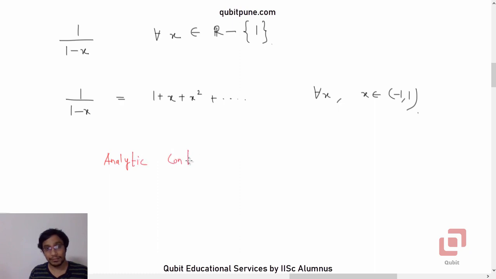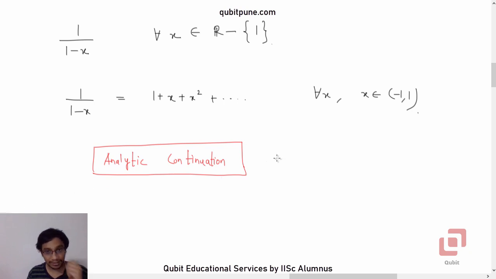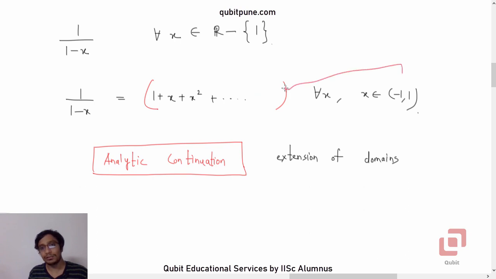What do we mean by this? Analytic continuation may be put in simpler words as the process of extension of the domain of a function. So if we know a function defined by this power series, this geometric series 1 plus x plus x squared and so on, we know that this power series converges, or has a meaning, only for those values of x in this open interval.